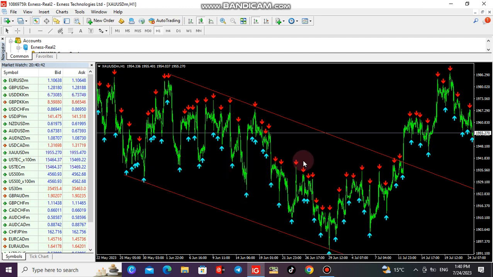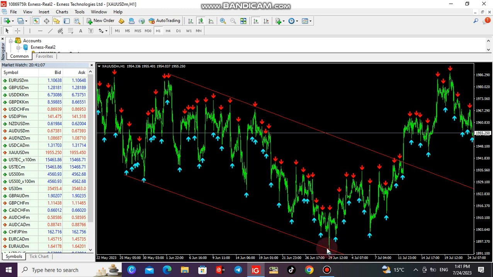So let's say, for example, you drew up your markups. You know that you are actually in a trend, and this is actually a downwards trend, also known as a bearish trend. And you see that market is actually at the support.